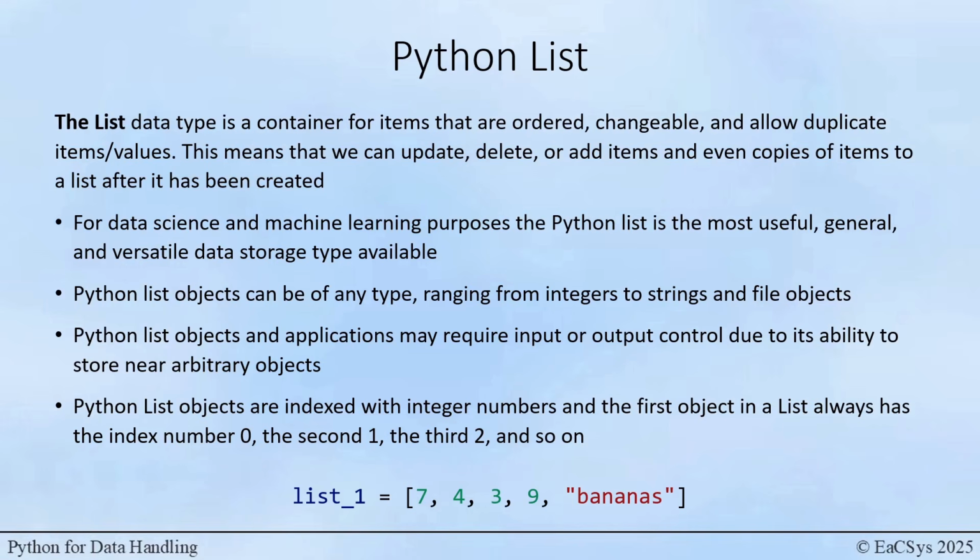Consequently, when you use lists in practice, in applications, you must control whatever objects your program puts into the list, and both control the objects themselves and the knowledge of the object types. Or if you don't have that knowledge or that level of control, you must check what type of object you get from the list when you ask for the object, or an object at a position in the list.